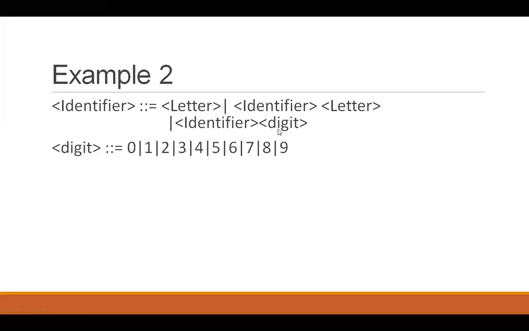Now we have digit, identifier and letter, so we have to define the letter and the digit as well, because a non-terminal has to be defined in terms of terminals. The identifier is being defined in terms of other non-terminals, like letter and digit. They are all non-terminals, so we have to further define them using terminals.